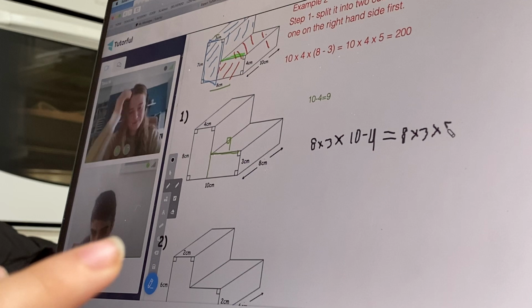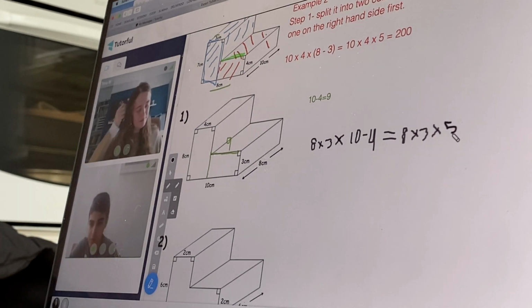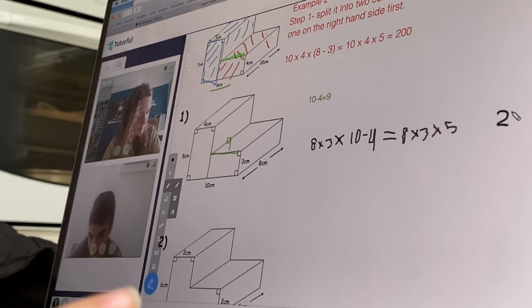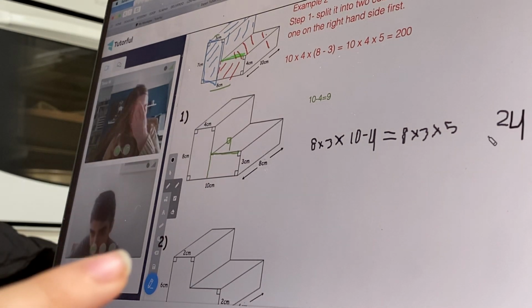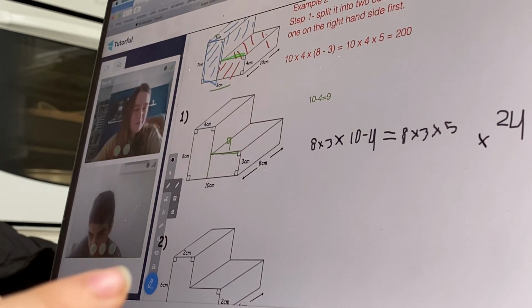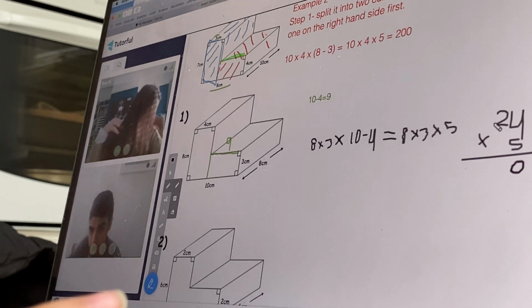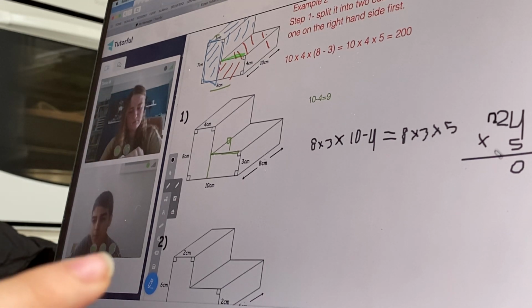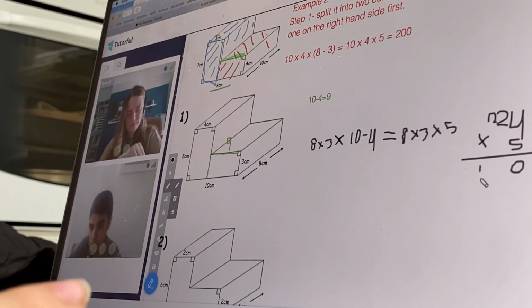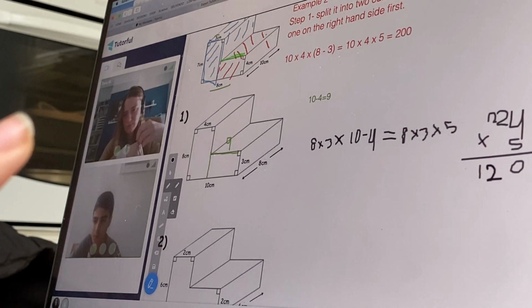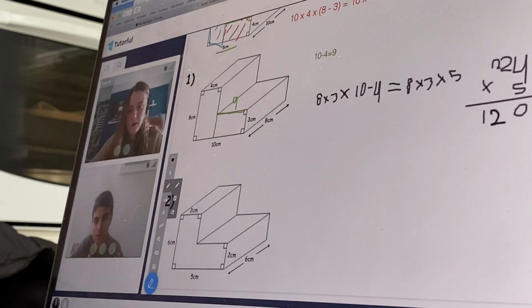Okay, so 8 times 3 is 24. 24. 120 for this one. For that side, so quick maths.